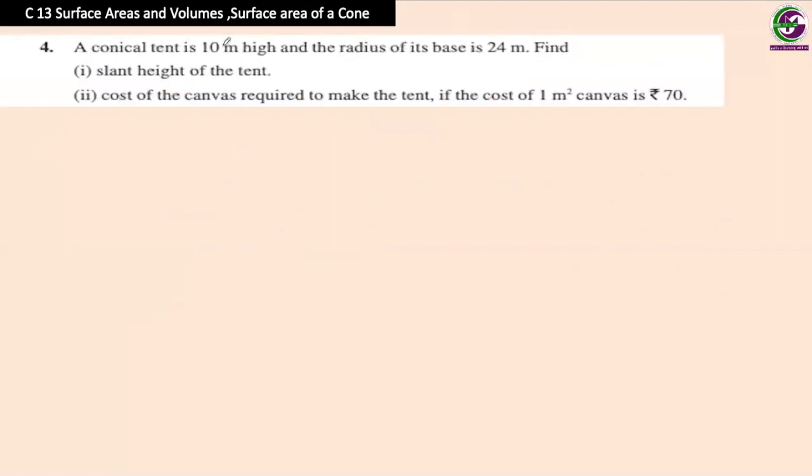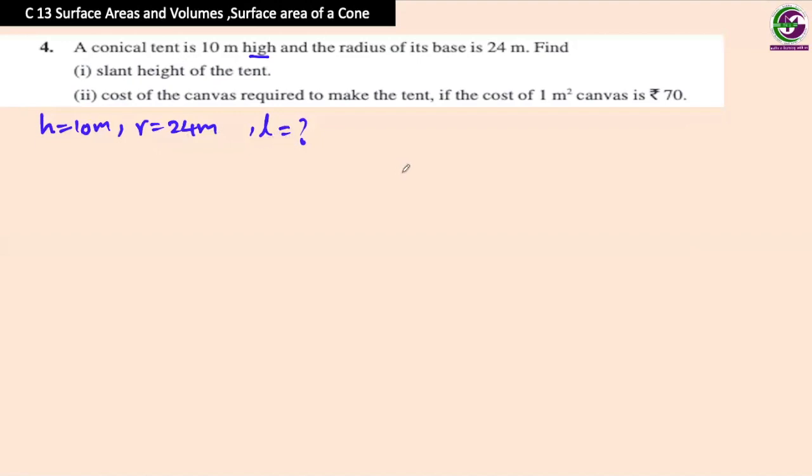Question 4. A conical tent is 10 meter high. This is not slant height. So h is equal to 10 meter. Radius is 24 meter. Find the slant height. So we have to find L. For that, we have to consider a right triangle with height h, radius r, which is 24, and slant height L will be the hypotenuse.